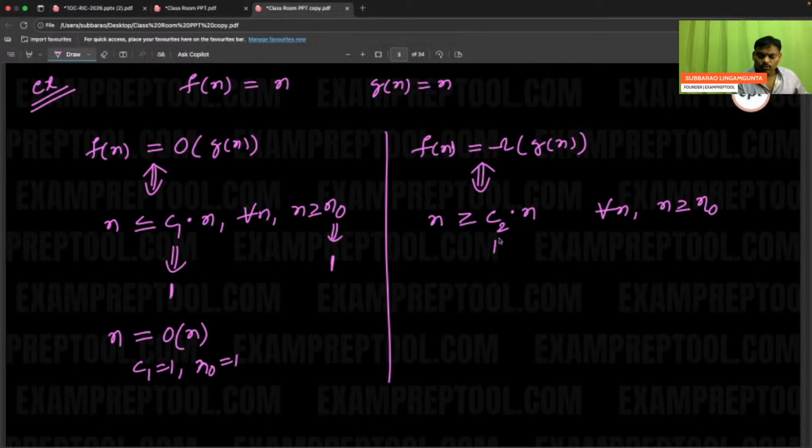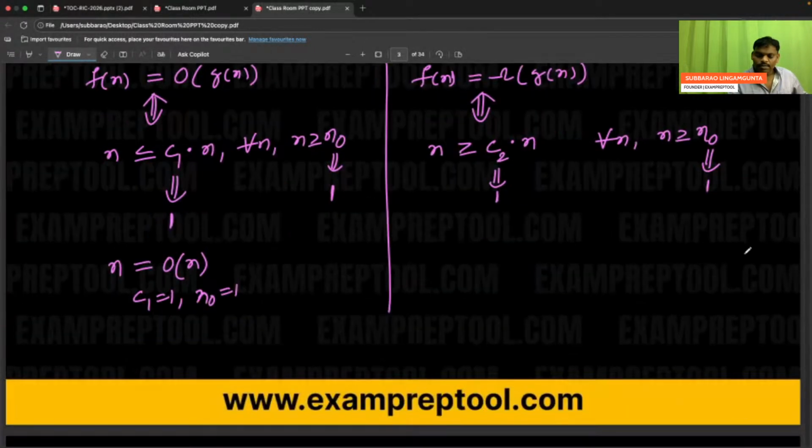Equal also, no problem. So you can take C2 as 1, n0 also 1. So finally, big O and omega are both satisfied. The conclusion is n is omega of n, where C2 is equal to 1 and n0 is equal to 1.